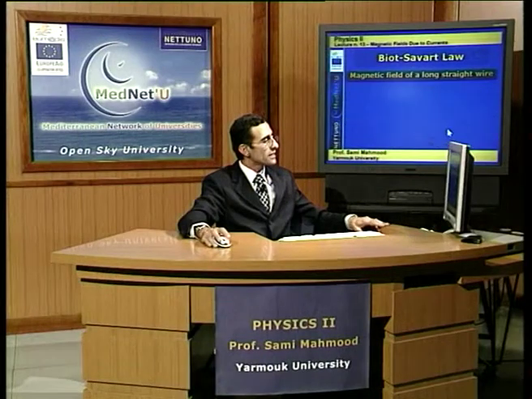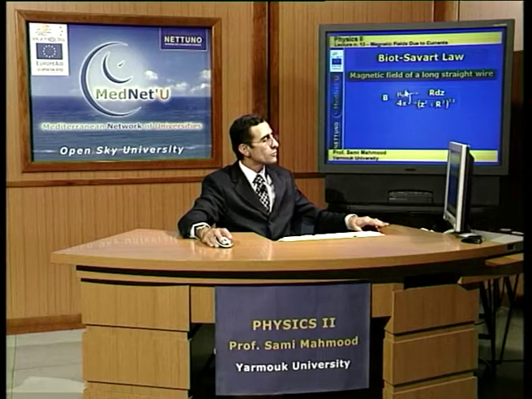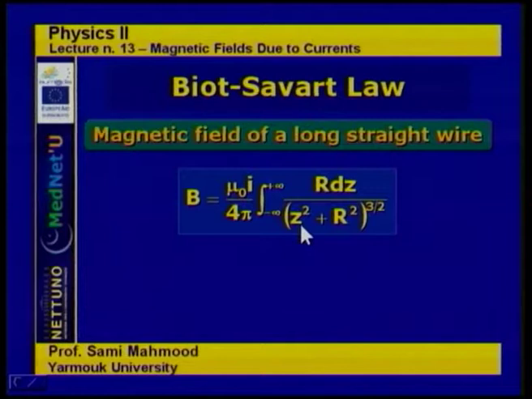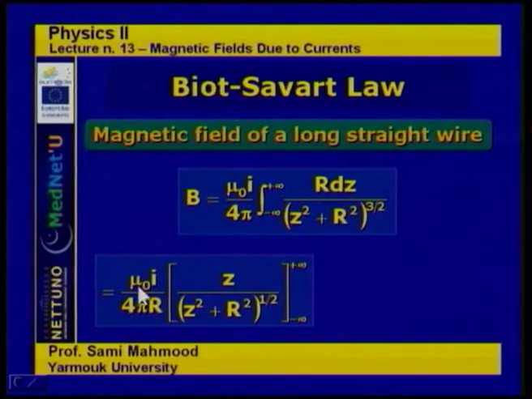And that gives B equal to mu naught I over 4 pi times R dz over z squared plus capital R squared, all to the power 3/2. And we evaluate this integral over z, and the result is simply mu naught I over 4 pi capital R times z over z squared plus R squared to the power 1/2.